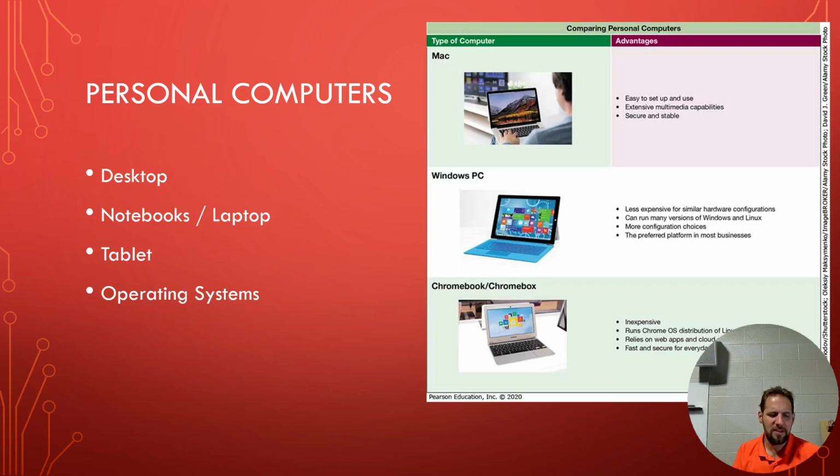Then we have Linux. All right, Linux is mainly used to run servers. Are there desktop versions of Linux? Yes. Probably the biggest, most well-known is Ubuntu. You also have Mint, and Fedora.